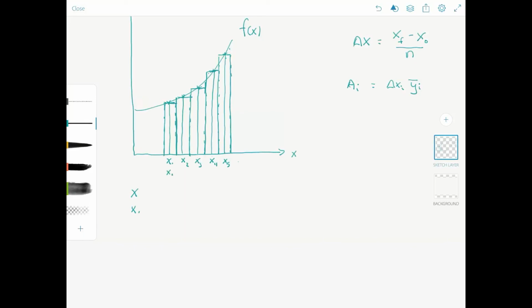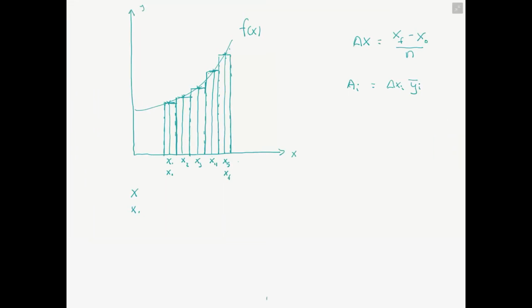So x1 is our starting point, that's x naught, and x5 is our final, that's xf.